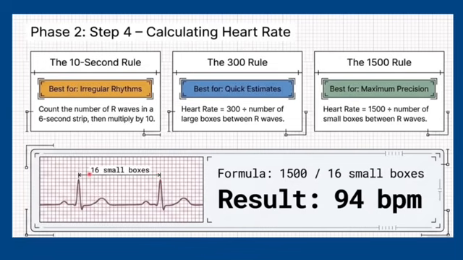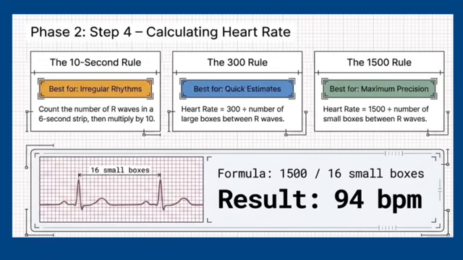Or if you will use the small boxes, you know, every big box has 5 small boxes. So you divide 1500 by the number of small boxes. So here, for example, we use this method. 1500 over the number of small boxes between the RR, which are 16. So the heart rate here is 94 beats per minute.